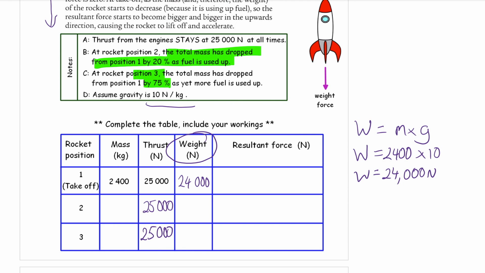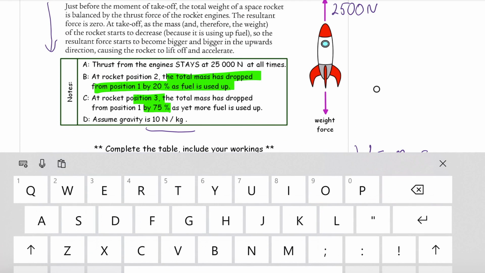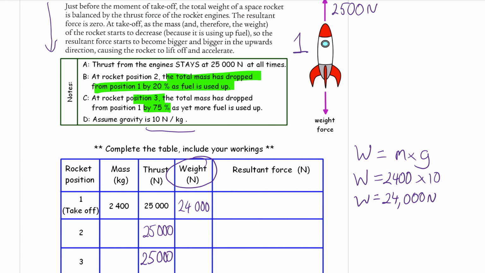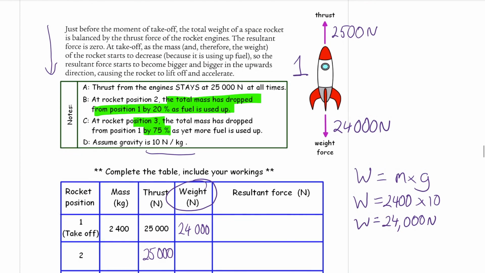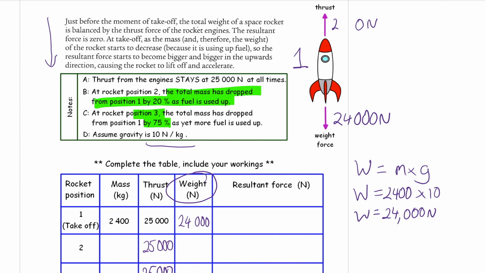And if this were position 1 and the weight was 24,000 newtons, well, I can see I've made a mistake above. That's not 2,500, that's 25,000 newtons.